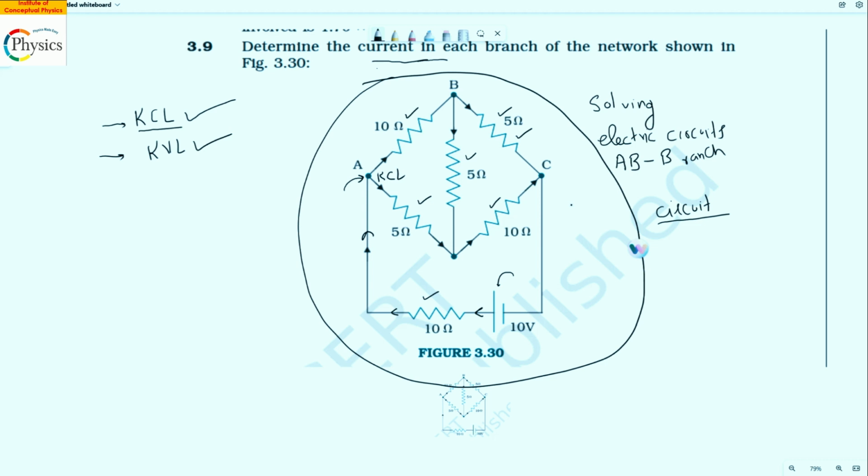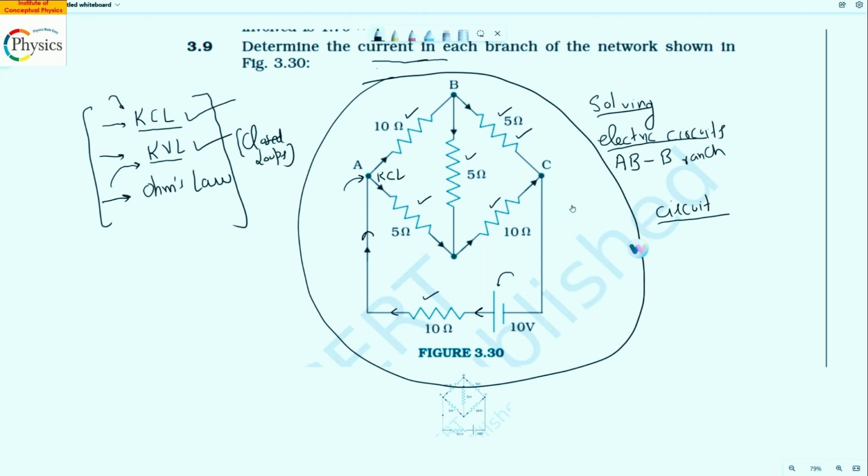And Kirchhoff's voltage law is to be applied in closed loops. Okay, closed loops. If you don't know what Kirchhoff's current law and Kirchhoff's voltage law are, the third rule that you need to learn is Ohm's law. These three together, if you know these, you can solve any electrical circuit.